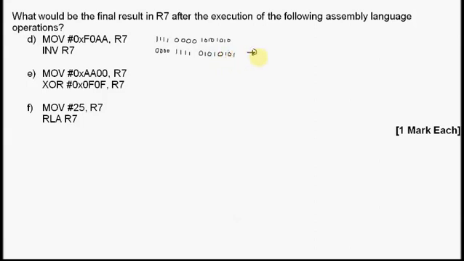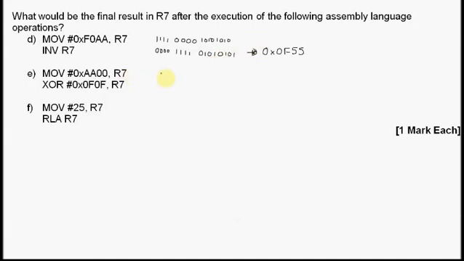Now the result of that, so we've got 0, we've got F, 5 and 5.